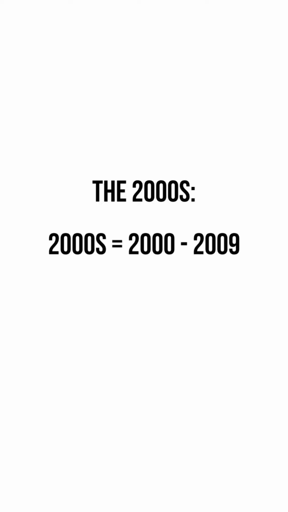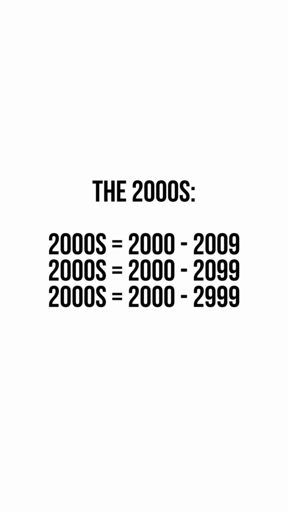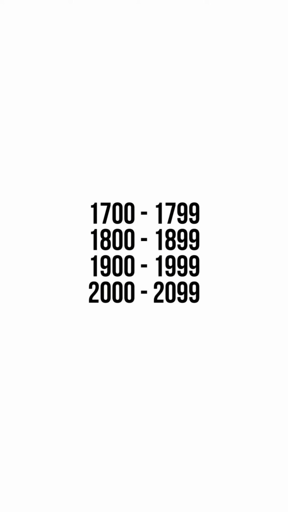It gets even worse with this century, as the 2000s could theoretically describe 2000 to 2009, 2000 to 2099, or 2000 to 2999. This just won't do. We need a way to specifically and accurately describe each 00 to 99 period.